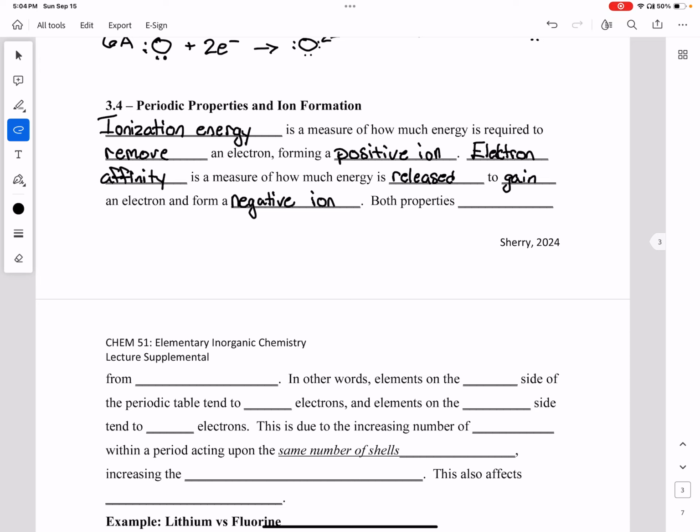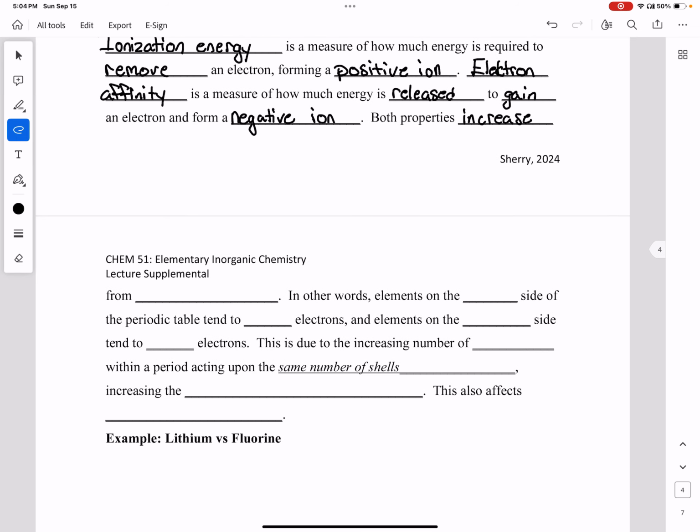And so both properties tend to increase as we go from left to right on the periodic table. In other words, elements on the left side of the table tend to lose electrons, and elements on the right side of the table tend to gain electrons.